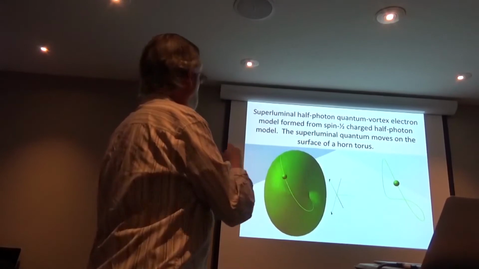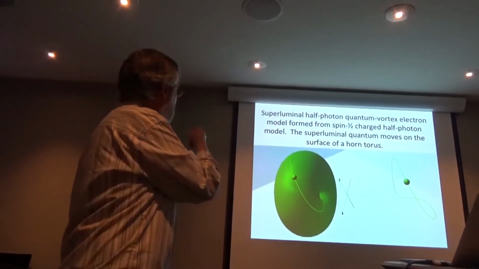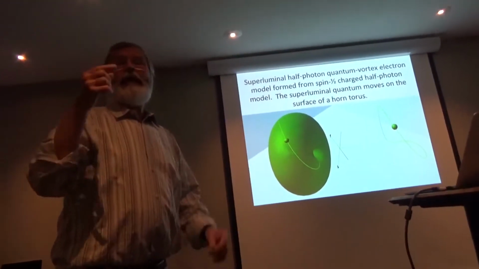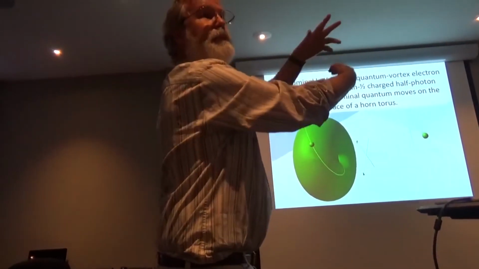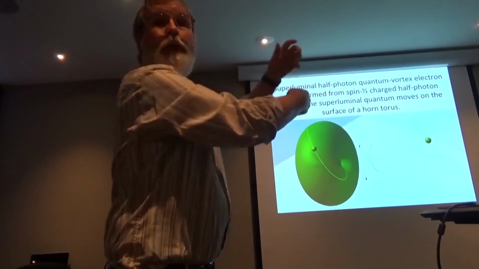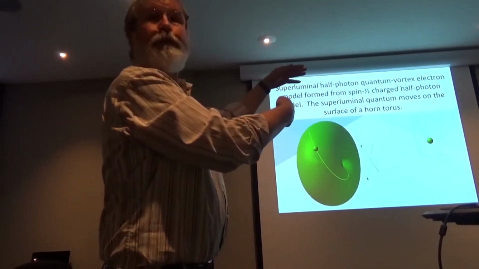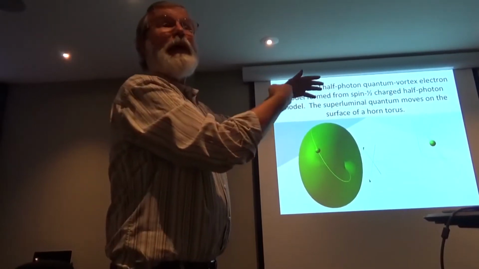This is the proposed model of an electron that you get at the minimum energy of 2 mc squared for the photon, which means each half photon has energy 1 mc squared. That's going to form an electron.